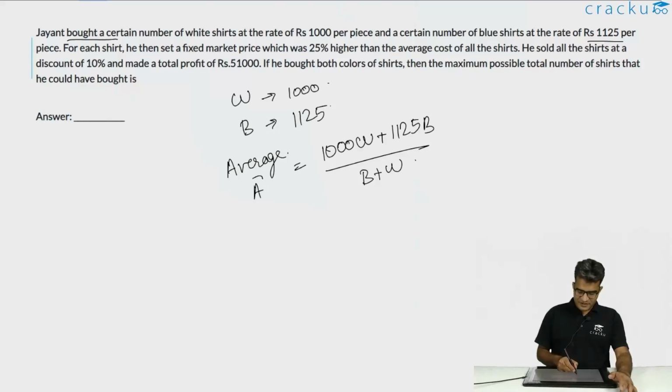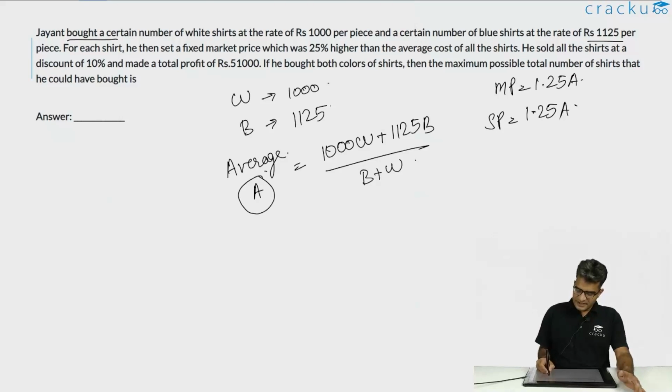Now he marked up the average price by 25%. So the marked price is 1.25A and then gave a discount of 10%. So the selling price is 1.25A into 0.9. This will be equal to 1.125A, or simply this is 9 by 8A.